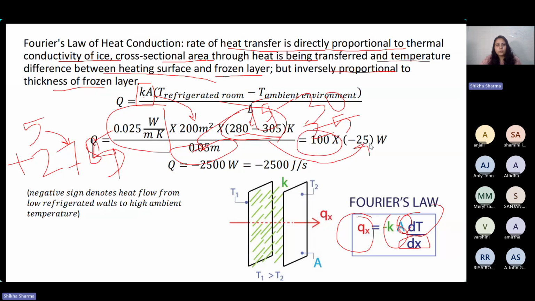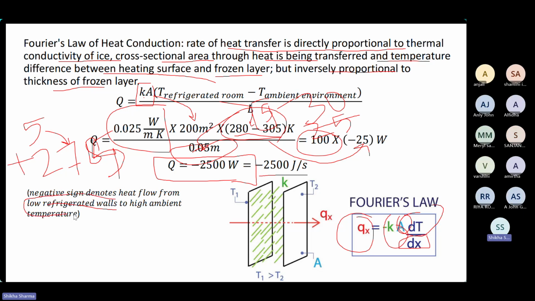So 100 into minus 25, divided by 0.05, it will be minus 2500. So that is 2500 joule per second. Minus is because heat is flowing from the low temperature refrigerated wall towards the high temperature.